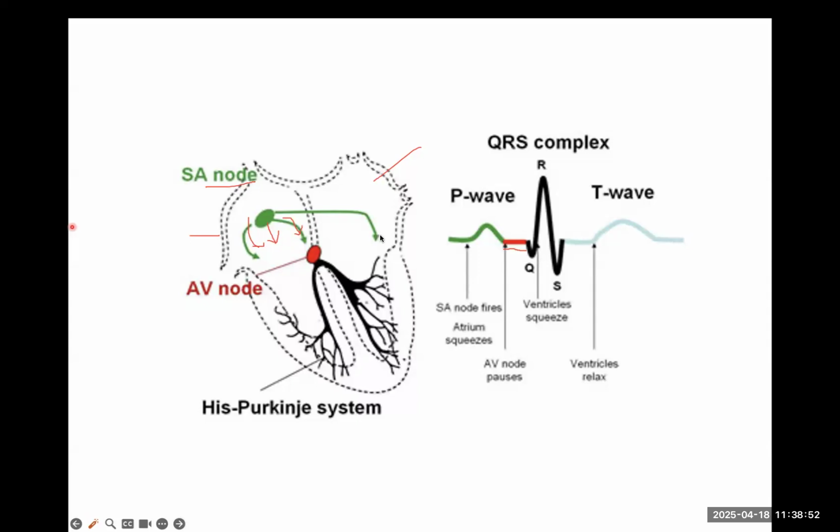And then it just sits there for a split second, and you have the AV node pausing, and that's flat because you're waiting for the chambers to fill. And if you haven't figured out yet what AV node stands for, it stands for atrioventricular node.